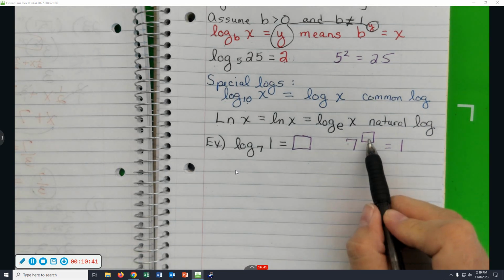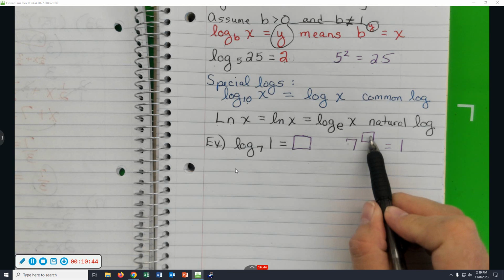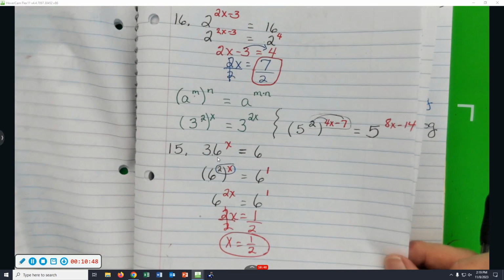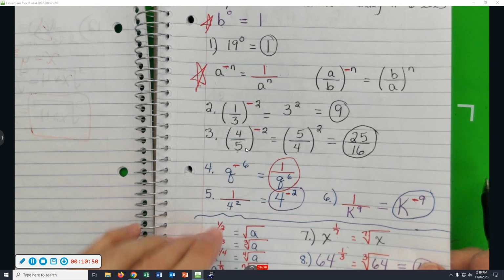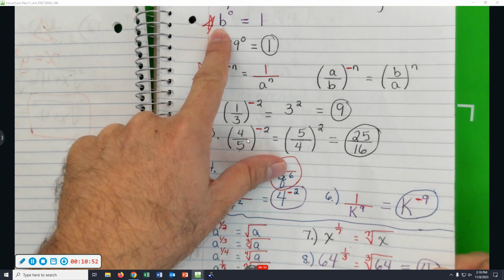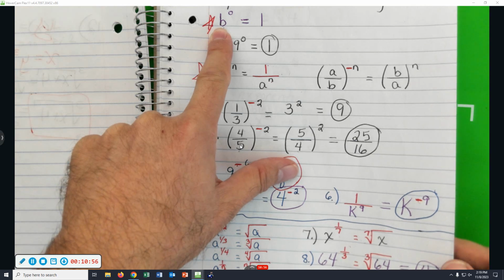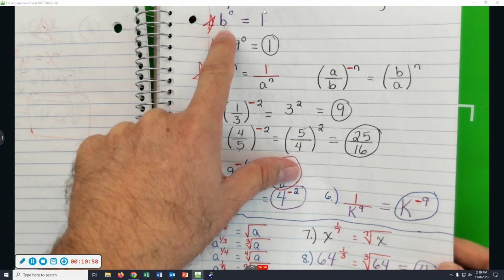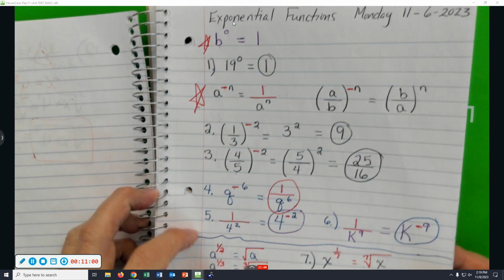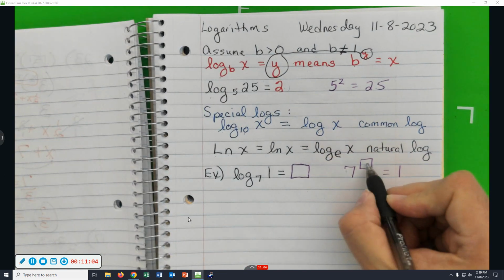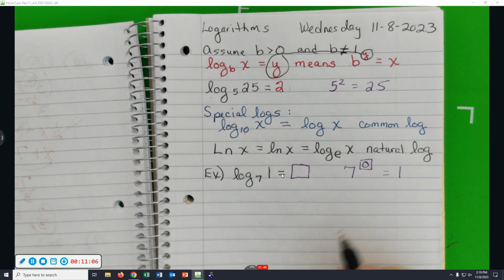Not 7 to the first, 7 to the first is 7. 0. That first rule we stated on the 0 exponent. I just remember when we used to have to write on boards. I hated not being able to refer back. I love this now. Remember what we did on Monday? That very first rule we wrote down. 7 to the 0 power is 1.